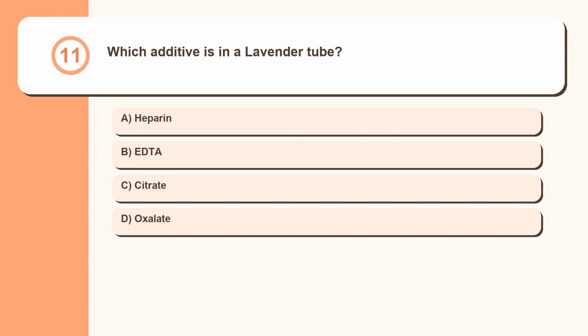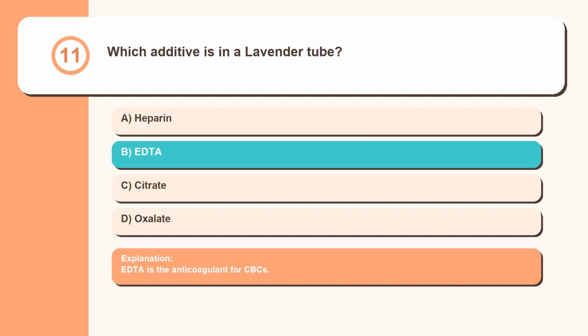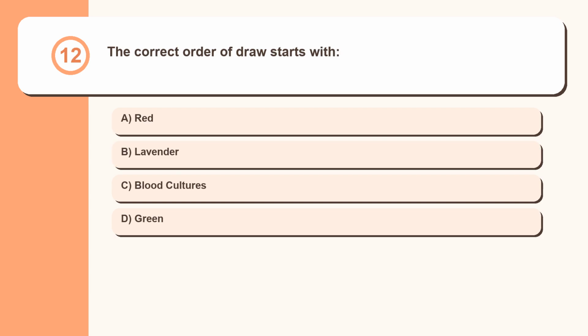Question 11. Which additive is in a lavender tube? Heparin, EDTA, citrate, oxalate. EDTA is the anticoagulant for CBCs. Question 12. The correct order of draw starts with: red, lavender, blood cultures, green.